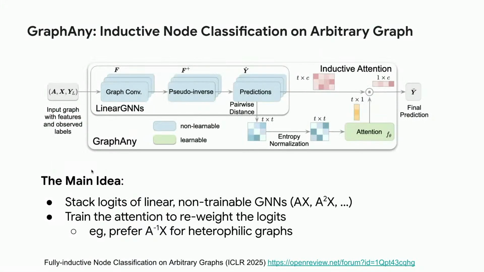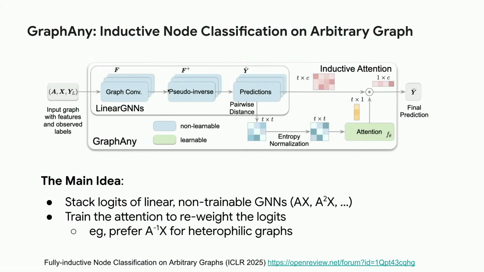to use linear GNNs and learn a function over predictors that already give us a certain label distribution. So we are bypassing the problem of learning representations of nodes. Given any starting graph, we first run a bunch of linear GNNs, which can be powers of the adjacency, for instance. Since they are linear GNNs, we can compute their pseudo-inverse analytically, essentially through least squares. We compute this pseudo-inverse on labeled nodes. We apply it together with the given node features to the target nodes that we want to classify.